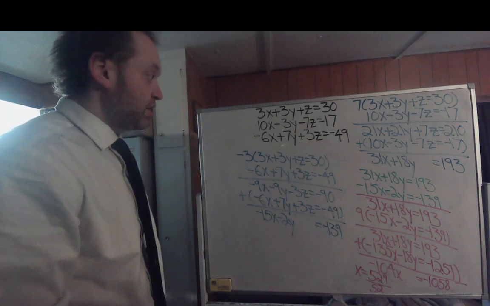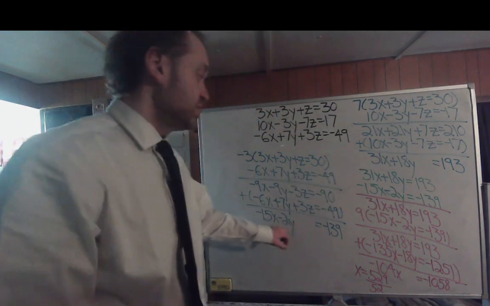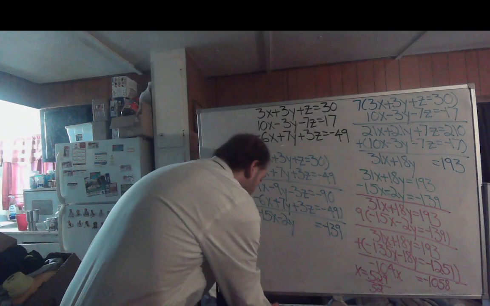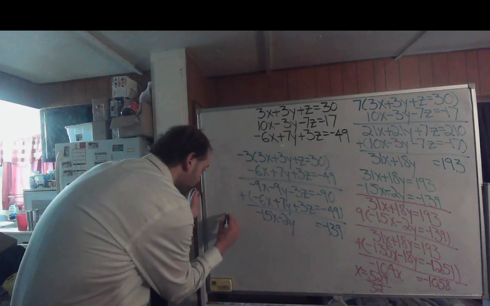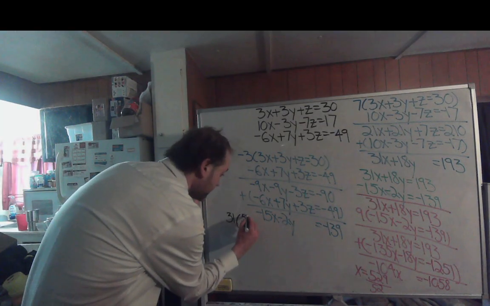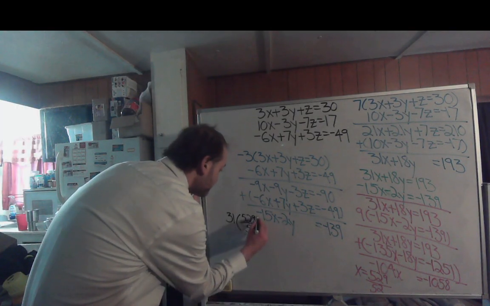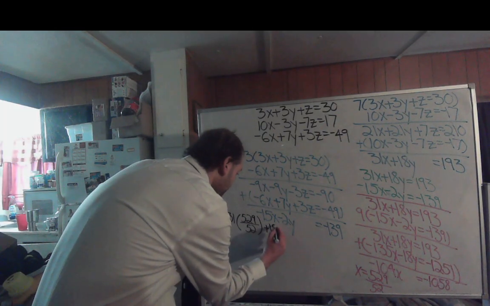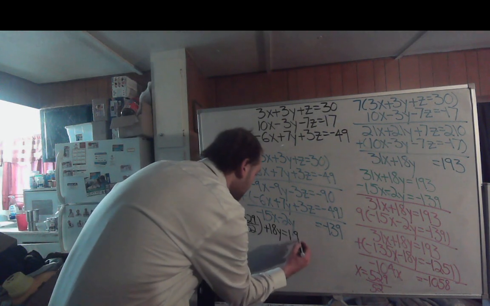Now we can take our x value, stick this into any of these two equations here, and solve for y. Let's go ahead and do that. So I'll take 31 times the x value of 529 over 52 plus 18y, set that all equal to 193.